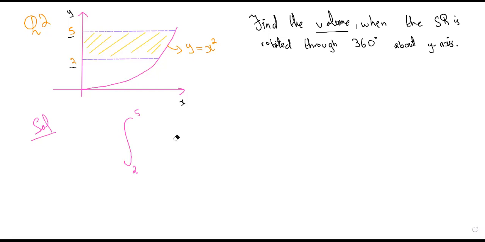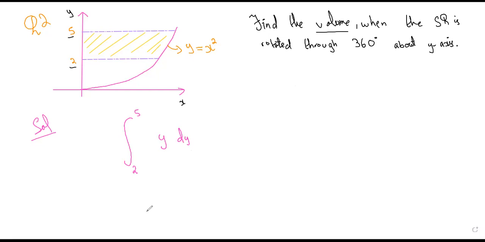Yes, you have to use any variable. We need to replace the variable. We used to have x there. Now we need y here. So I will put y and then dy.